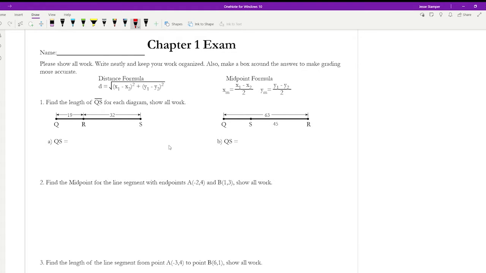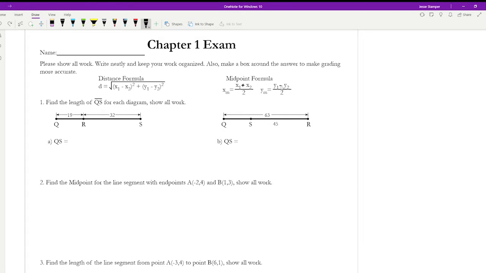First thing to note, remember I told you there are some typos on this. The first typo we need to fix is in the midpoint formula. I did not count anyone incorrect on this, but remember that in both cases it is x1 plus x2. Here, let me redo that.